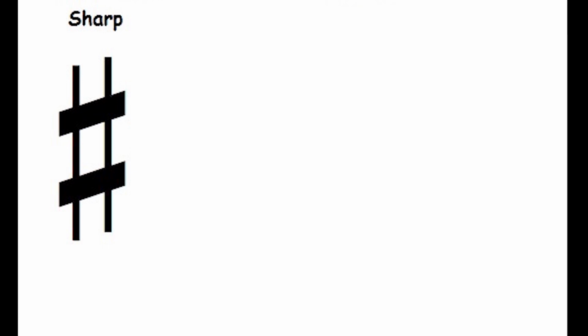Now there are two more things that we need to remember. One thing is sharp. Sharp is denoted by the hash symbol and the next is flat.